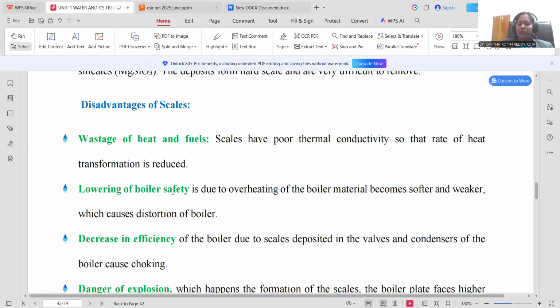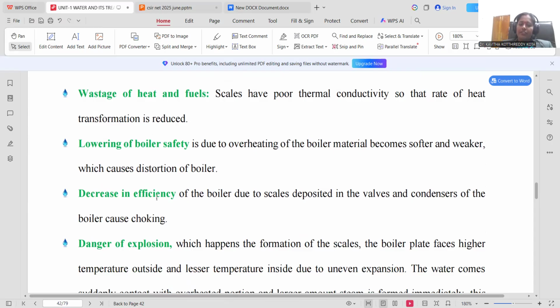And lowering of boiler safety. Whenever you are raising the temperature above its ambient level, continuously boiling the water, boiler safety gets reduced, its durability gets lowered, it becomes soft and weaker, and it may get distorted because of the higher temperature and the longer time for steam generation, right? Decrease in efficiency.